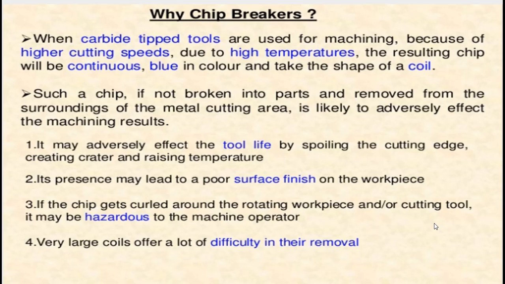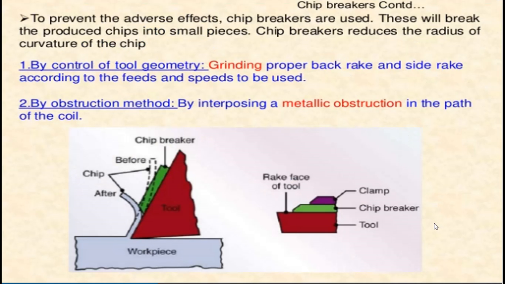Third, if chips get curled around the rotating workpiece or cutting tool, it may be hazardous to the operator. And lastly, very large coils offer a lot of difficulty in their removal, that is, while the cleaning process is carried out, they are difficult to remove. So in order to avoid adverse effects, we provide chip breakers.